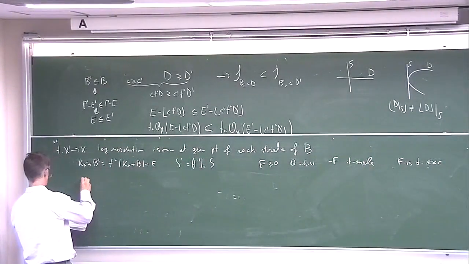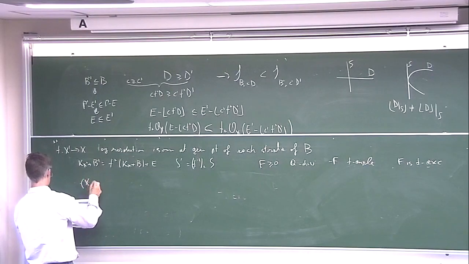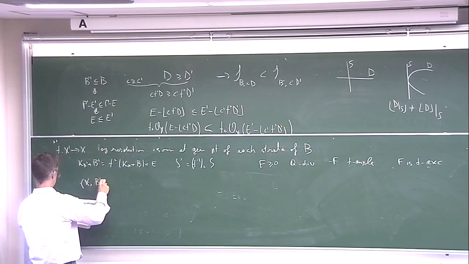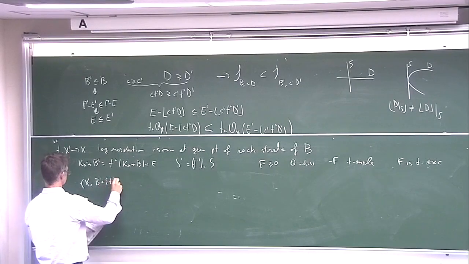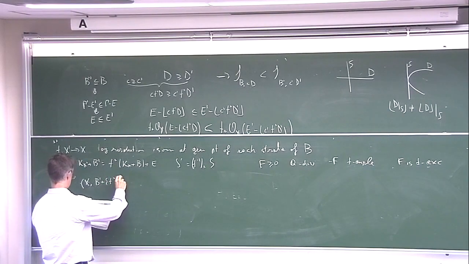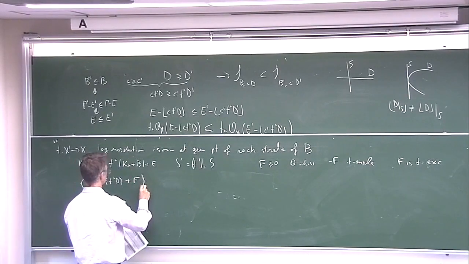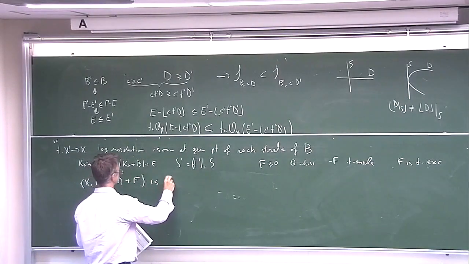And I want to assume that on X prime, there's a typo in my notes, I bet that what I want to assume is B prime plus the fractional part of the pullback of D plus F is DLT.